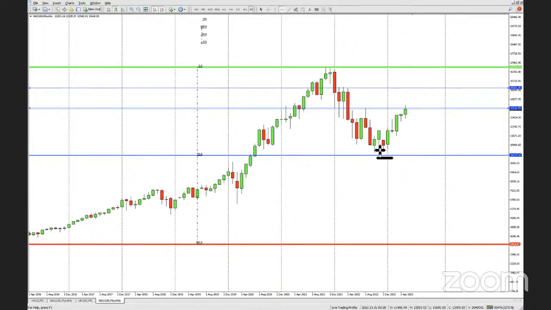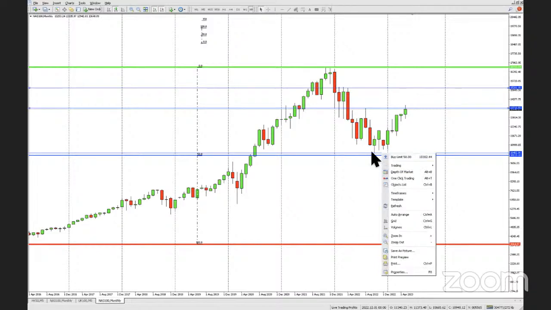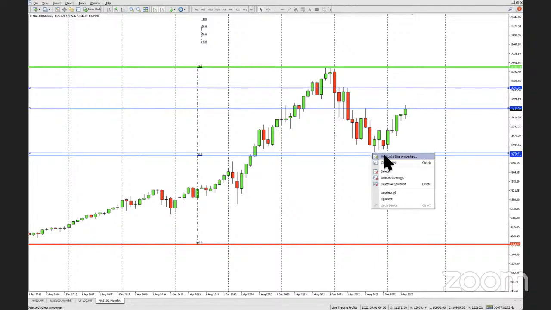Then you've got your midpoint here, but it's also a bit of a cluster of levels of support. This is the low of October 2022. And that's about it on this market.